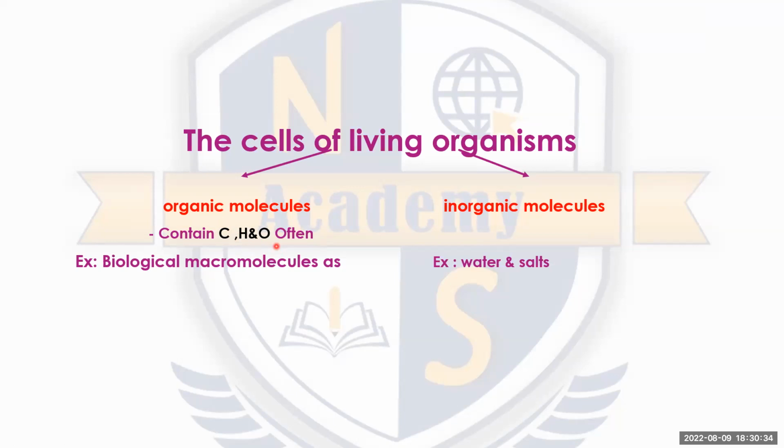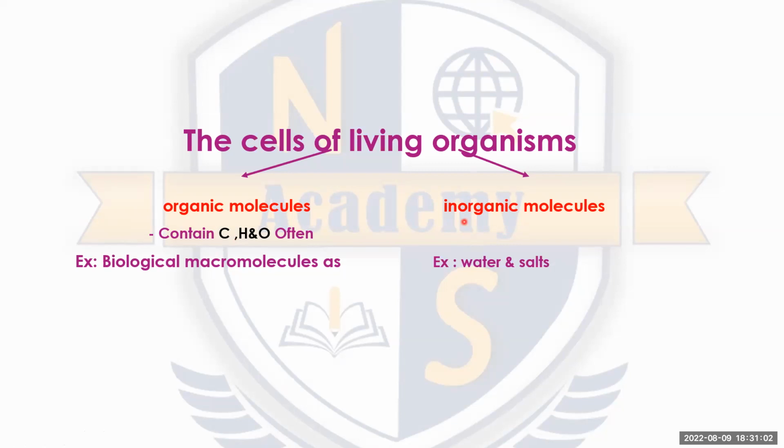One of the characteristics of these organic molecules, Mariam, is that they are large molecules, they have a complicated structure, and they have a large number of atoms. While inorganic molecules, not all of them have no carbon.